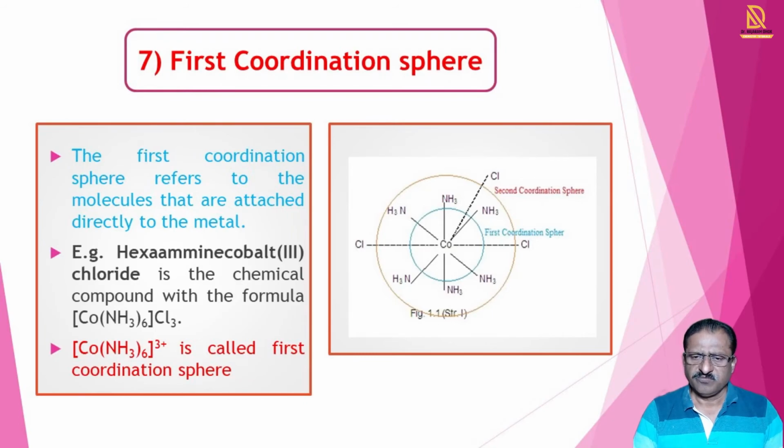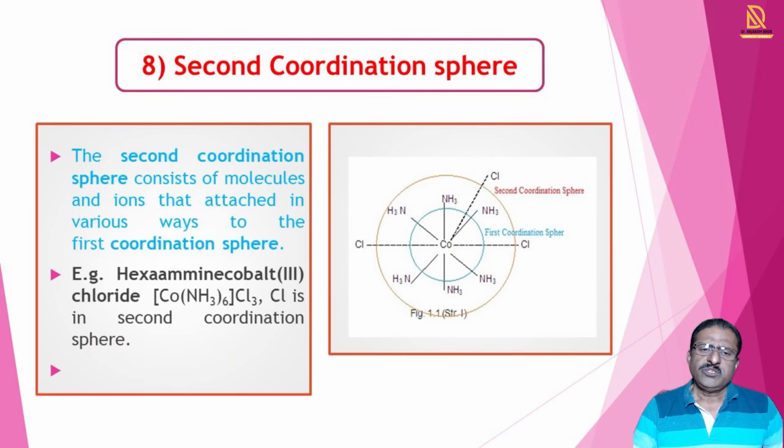In this case, cobalt is attached to 6 NH3. They are directly attached and close to the cobalt, while 3 Cl are at a certain distance from the cobalt, in the second sphere, that is called the second coordination sphere.